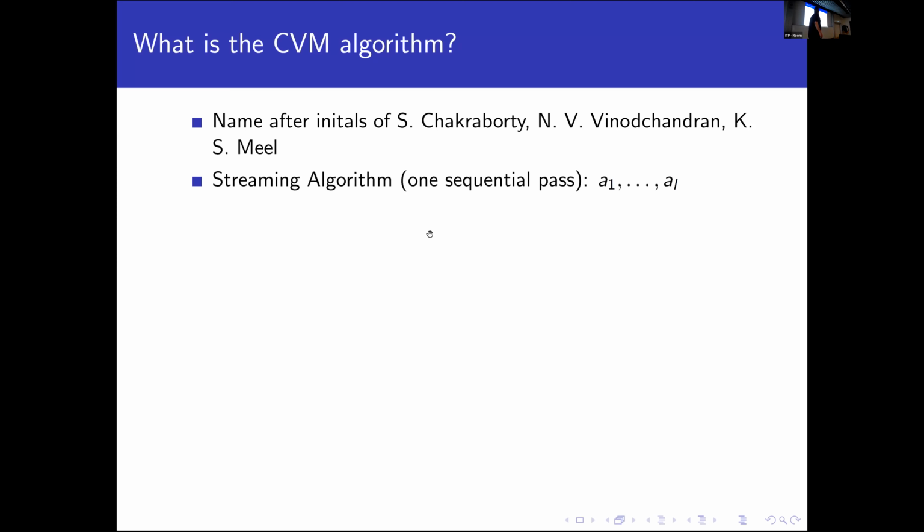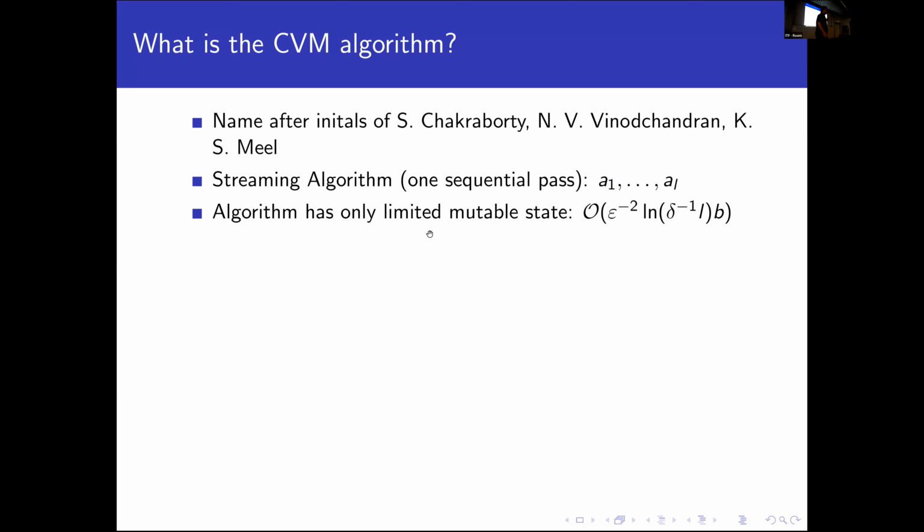And it's a streaming algorithm. Consider a long stream of elements, and the algorithm makes one sequential pass over the stream. But the algorithm itself has very small memory, so it can't just memorize the entire stream. What it does is approximate the count of distinct elements in the stream.